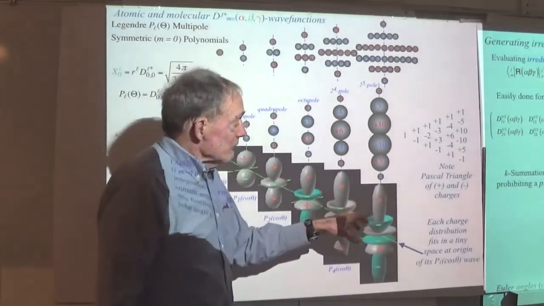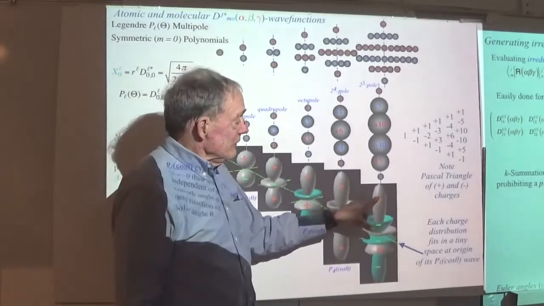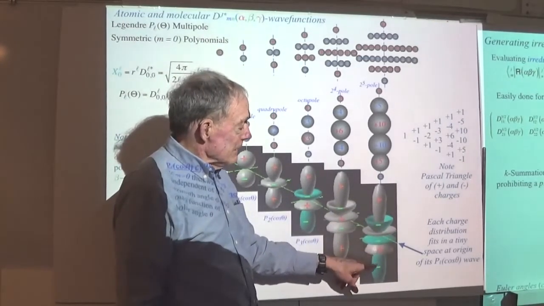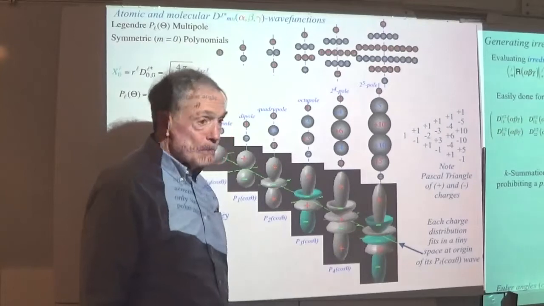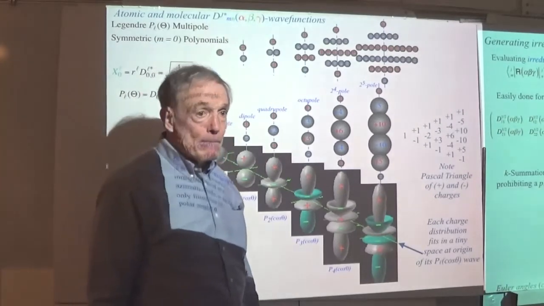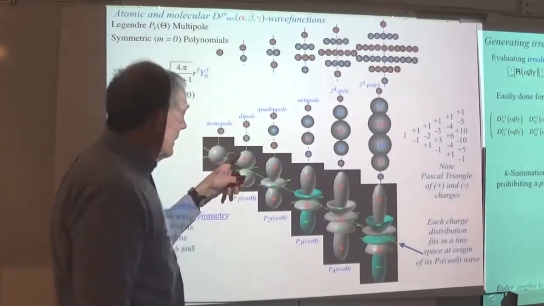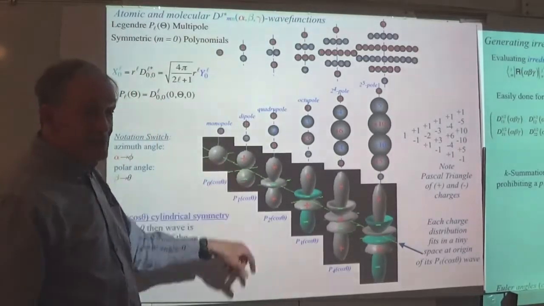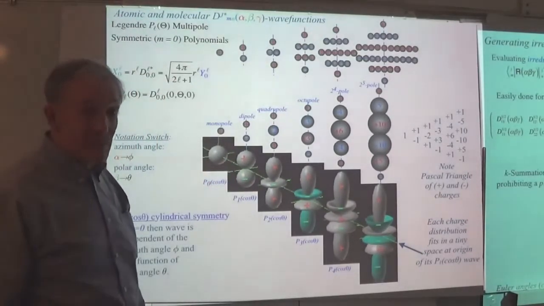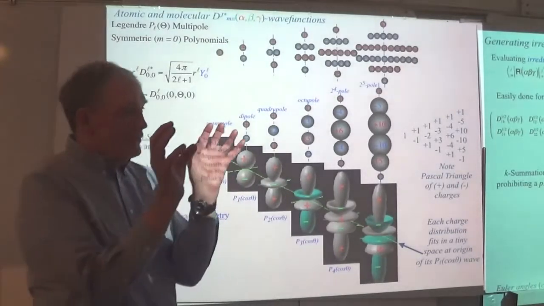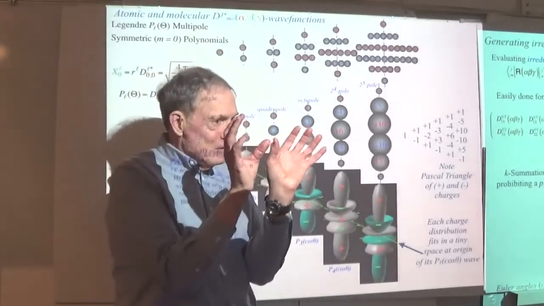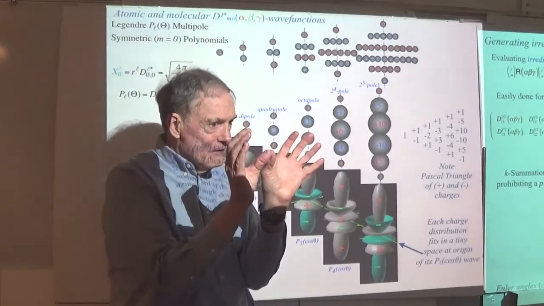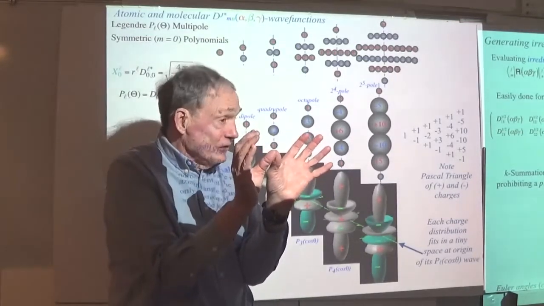Now remember, for the wave functions, these signs represent phase. The dipole right here means this guy is out of phase with this guy. And when you think of a wave function in an eigenstate, where the phase is positive and negative, that's the antisymmetric eigenstate.